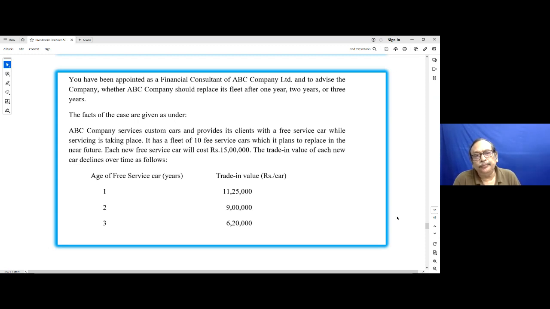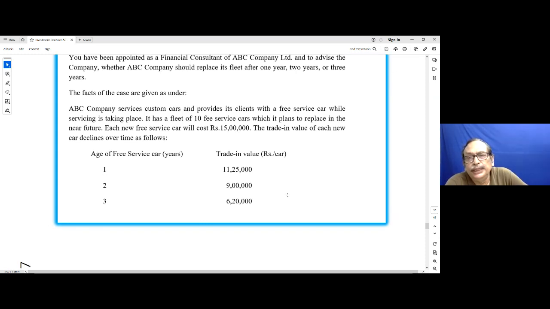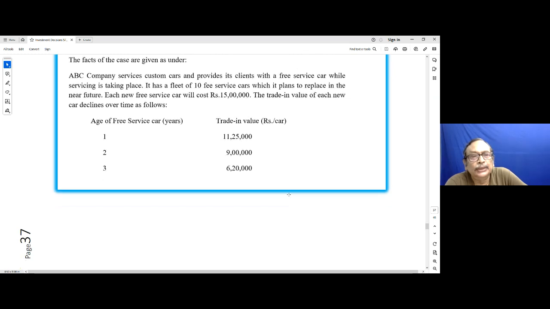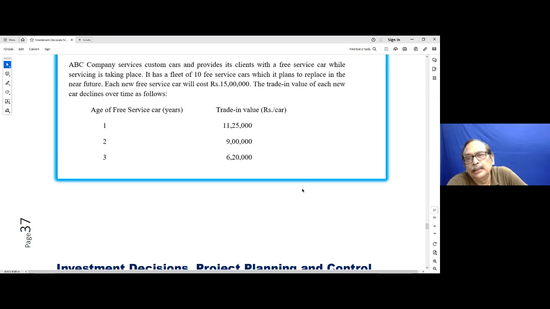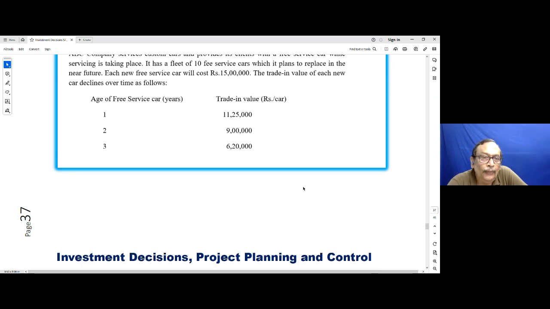ABC company services custom cars and provides its clients with a free service car while servicing is taking place. It has a fleet of 10 free service cars which it plans to replace in the near future. Each new free service car will cost rupees 15 lakhs. The trade-in value of each new car declines over time as follows.